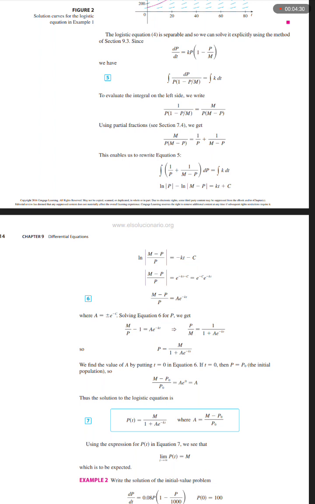This enables us to rewrite Equation 5: the integral of (1 over P plus 1 over M minus P) dP equals the integral of K dt.